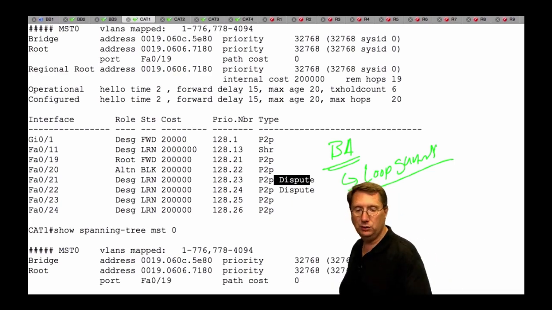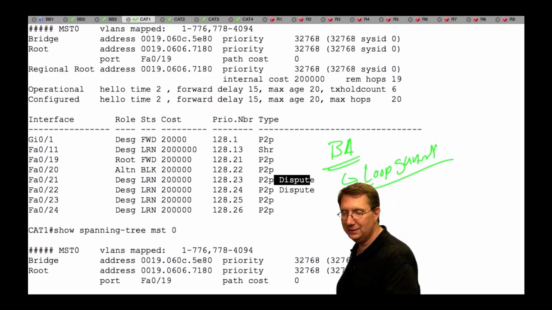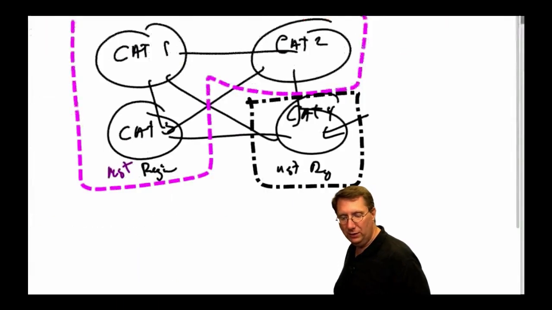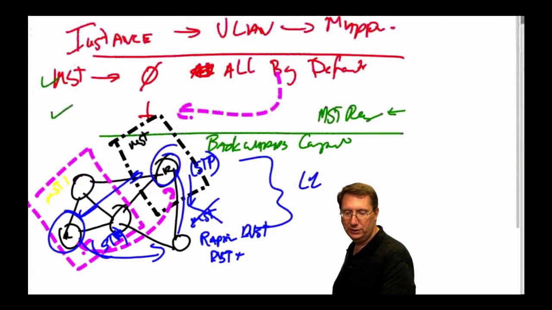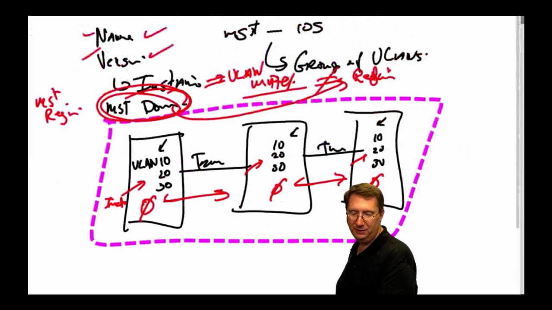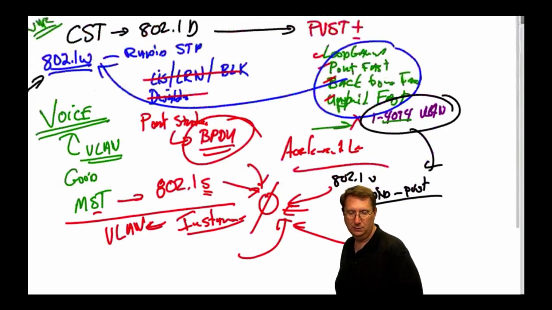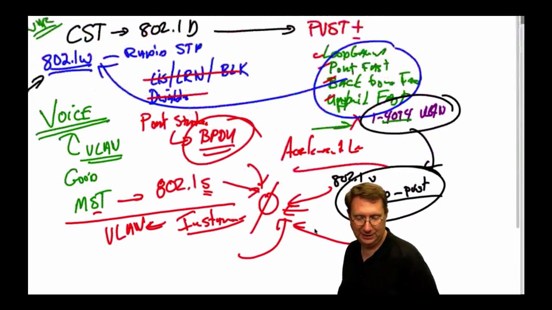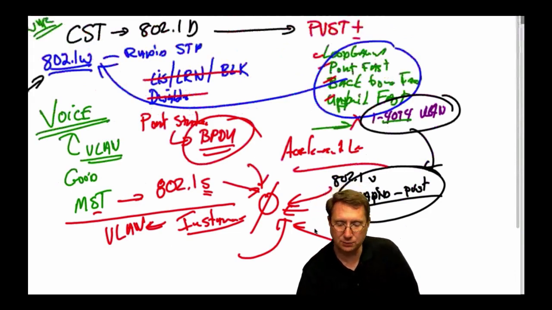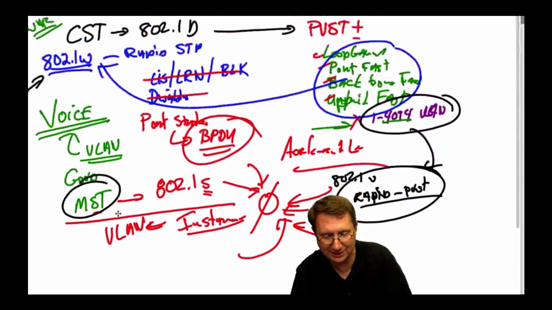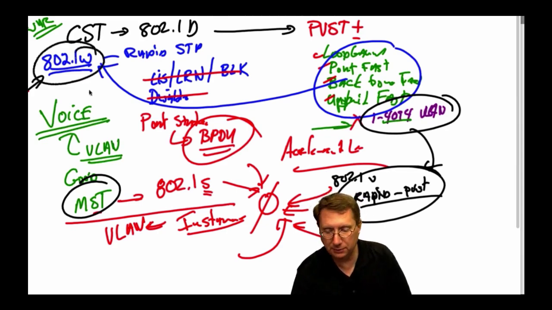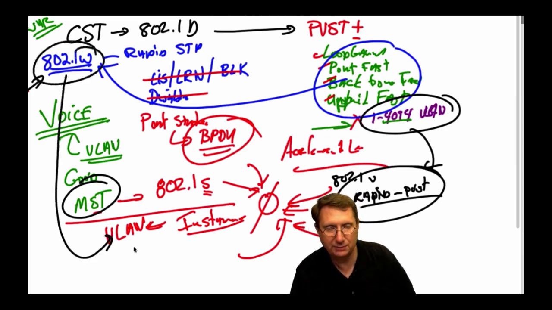The other thing that I want you to keep in mind here is that when Cisco created Rapid PVST, and then the international standards body came online and said we have MST, what they did is they took all the cool stuff in 802.1w and folded it under MST.